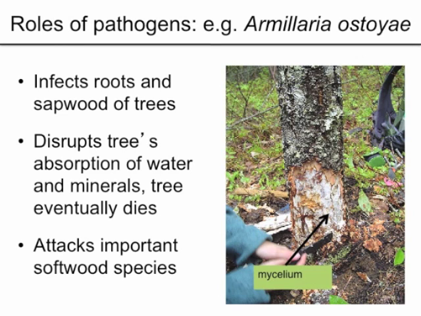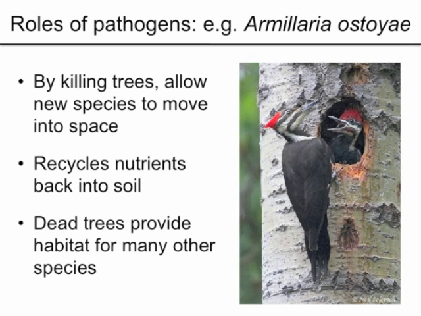Okay, so this could be a problem, and it's killing trees, but the death of trees can be a benefit to other organisms. By killing trees, just like extinctions open up new space for new organisms, fungal deaths of trees can allow new species to move into spaces and can recycle nutrients back into soil. Dead trees themselves can provide habitat for many other species.